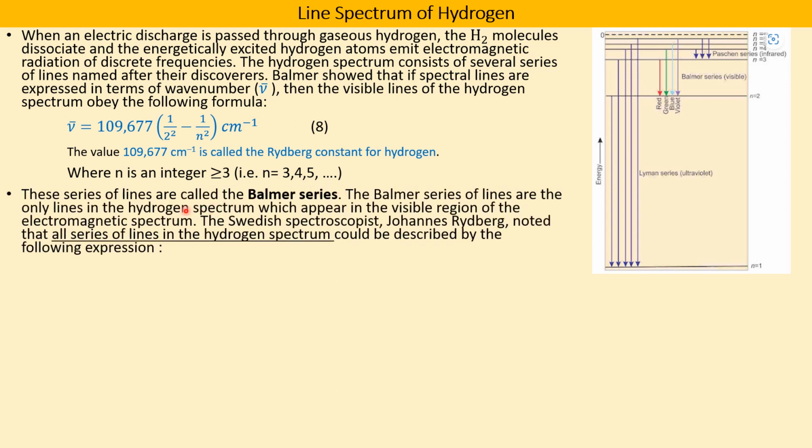These series of lines are called the Balmer series. The Balmer series of lines are the only lines in the hydrogen spectrum which appear in the visible range of the electromagnetic spectrum. All other lines are not visible.